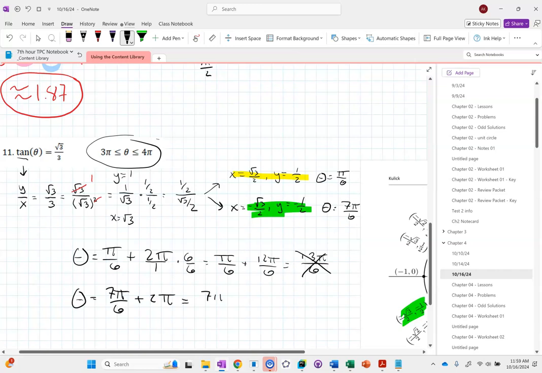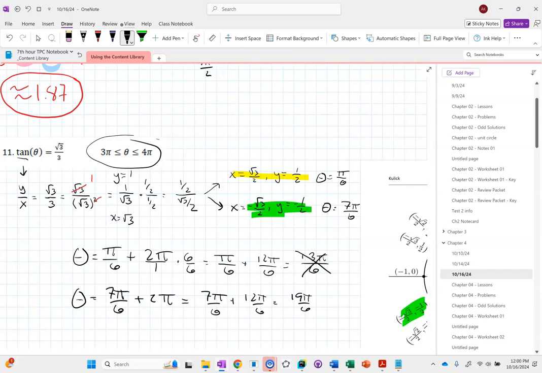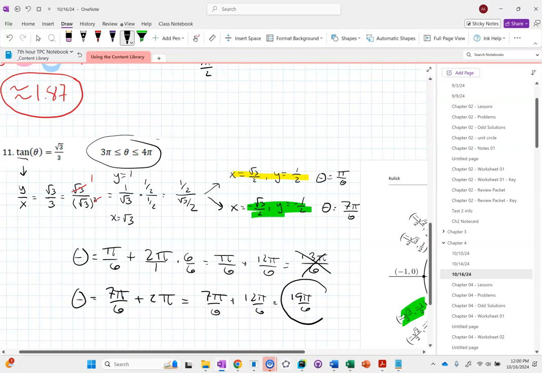So let's check the next one. I do the same thing. I'm not going to show the work for that, making the common denominator and all that, because we just did it above. 19 over 6 is 3 1/6. That is between 3 and 4. That's our answer.